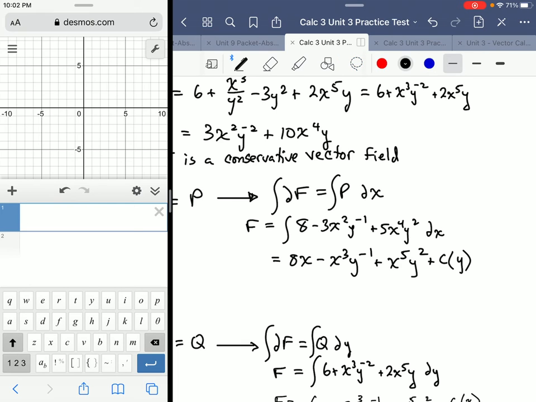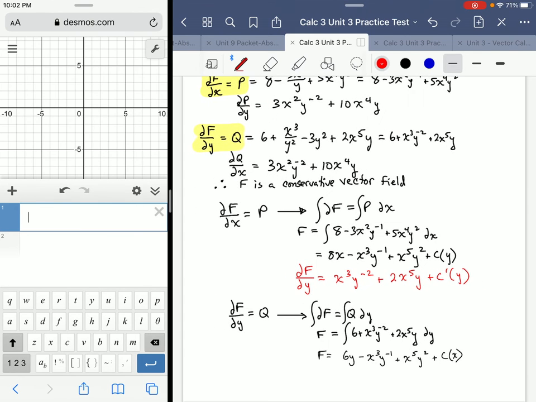So what we can do is find the first order partial of this with respect to y. So that would zero this out. It would give us x to the third, y to the negative second, plus 2x to the fifth y, plus c prime of y.